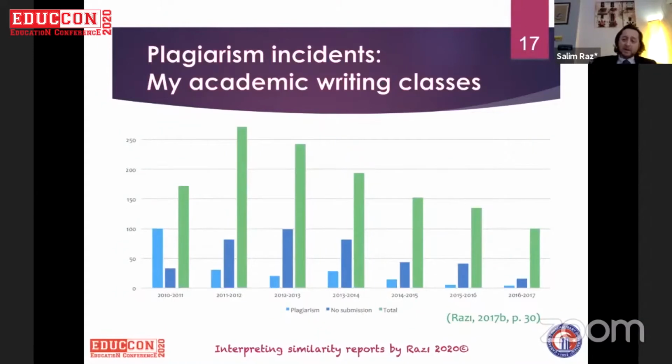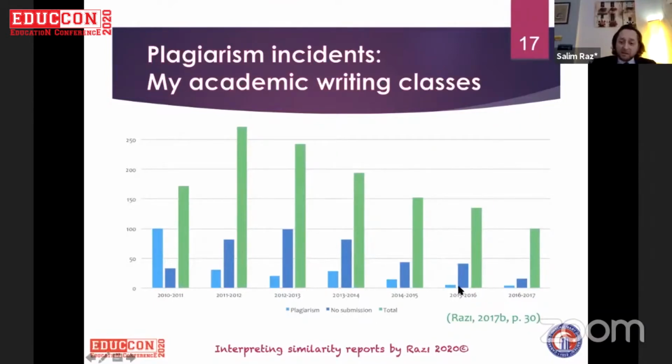So in the forthcoming years, I changed my methodology. I asked my students to do some additional tasks in order to develop their paraphrasing skills and some plagiarism avoidance strategies. I studied this and developed a writing model.